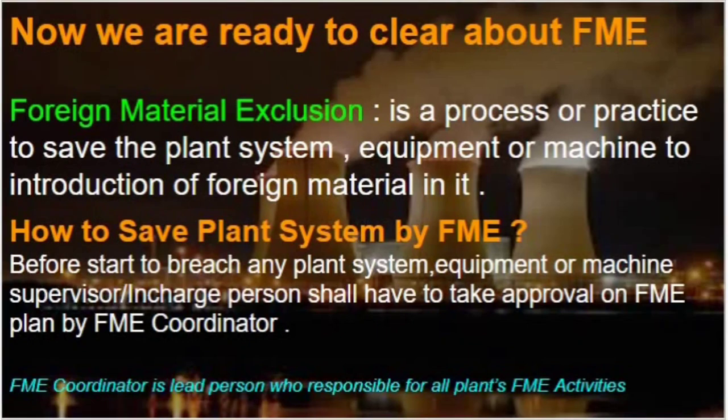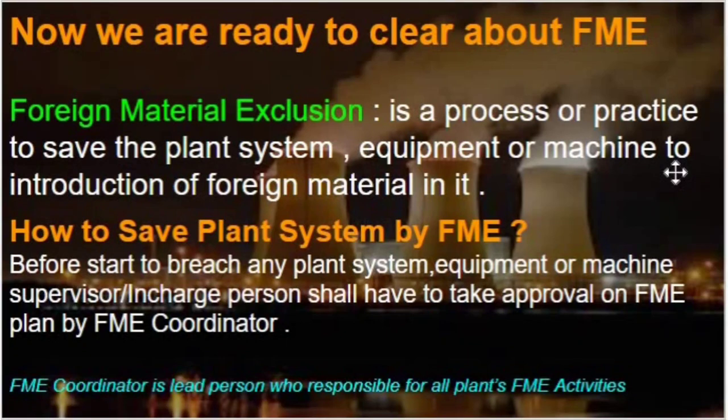But the question is how to save the plant system by FME. Before starting to breach any plant system, equipment or machine, suppose some maintenance requires work on a particular valve, a heater and a condenser area.